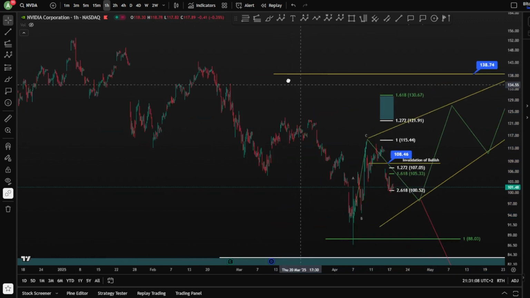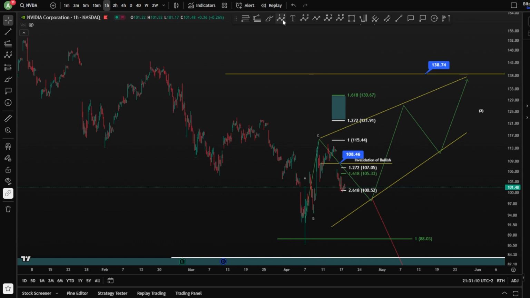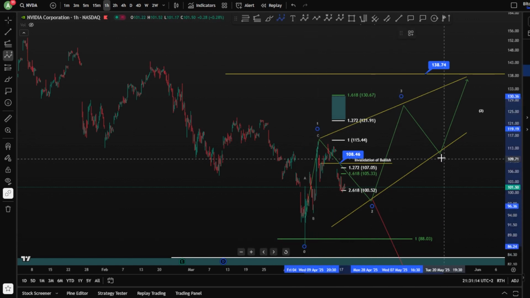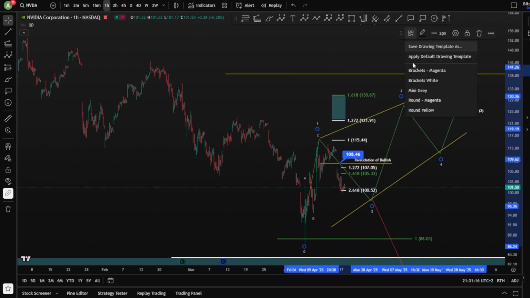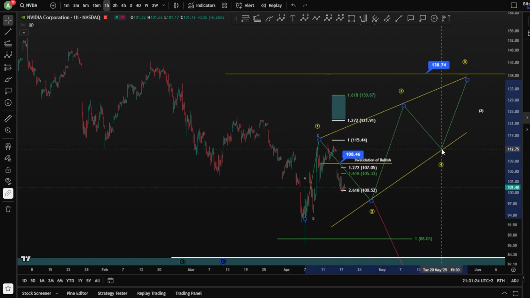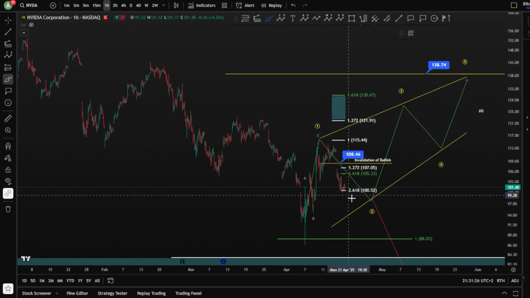That would be a good thing in case the market is looking to recover. So these are the potential scenarios, and we're going to see what happens. Basically, that's it for Nvidia. We're looking for one more low.